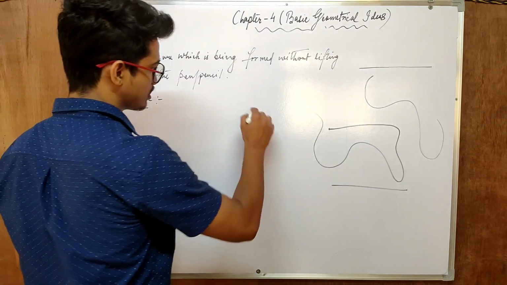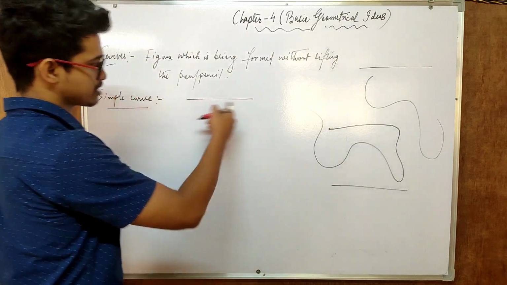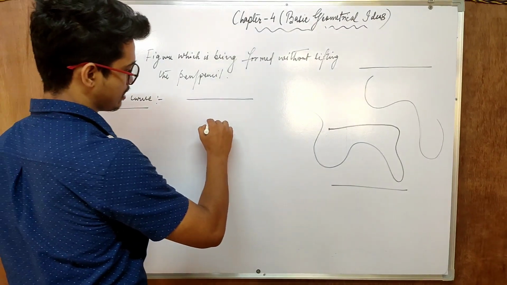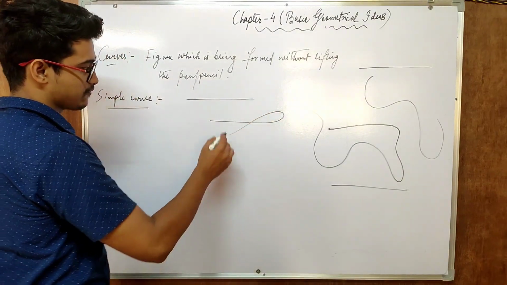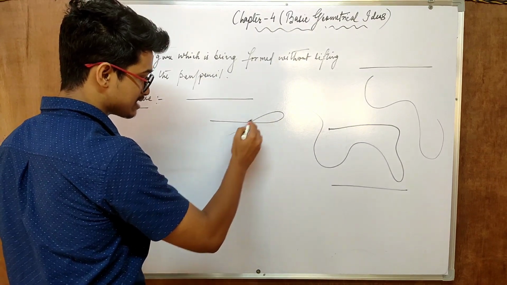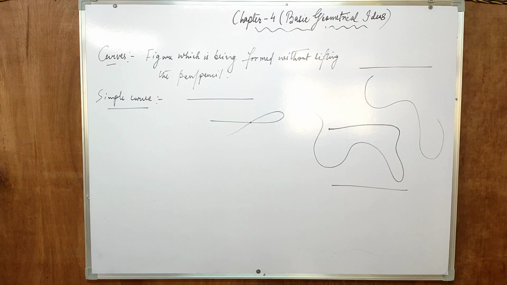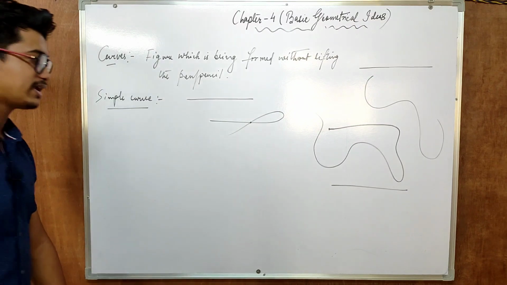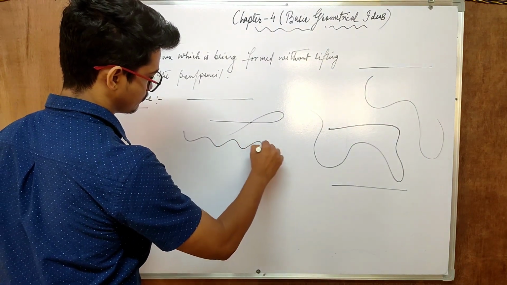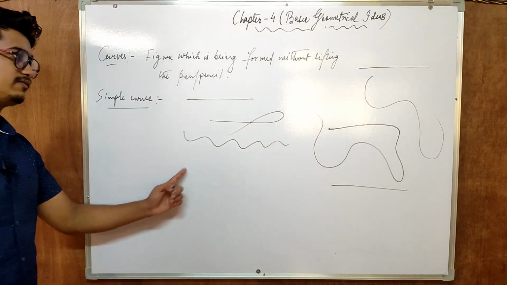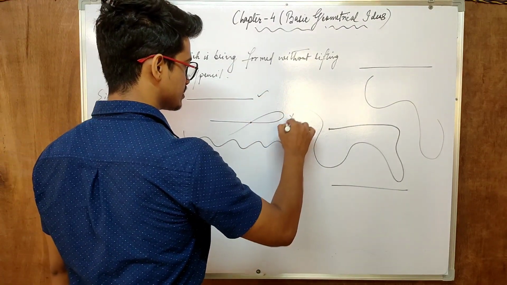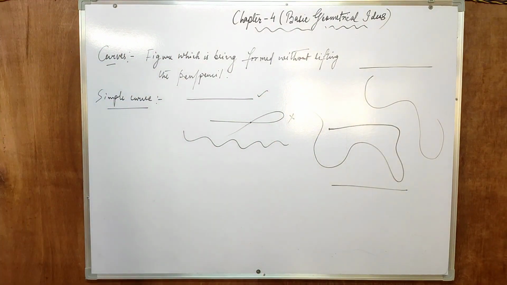But this figure is actually crossing itself at this particular point, so this is not a simple curve. This is a simple curve, this is also a simple curve, but this is not a simple curve because it crosses itself. Alright, is it clear? A simple curve is a curve which does not cross itself.